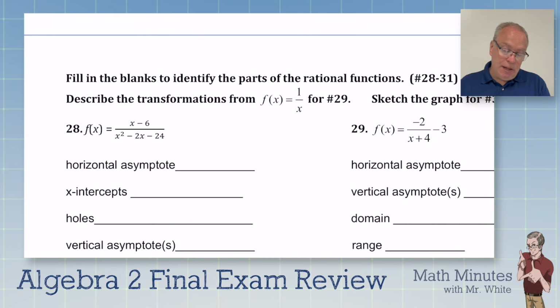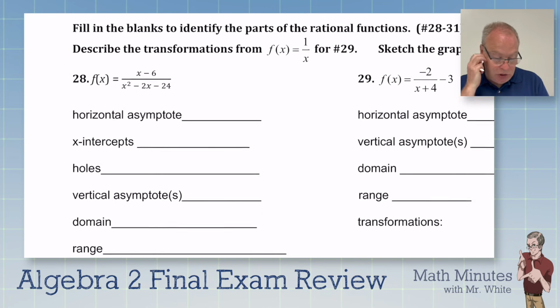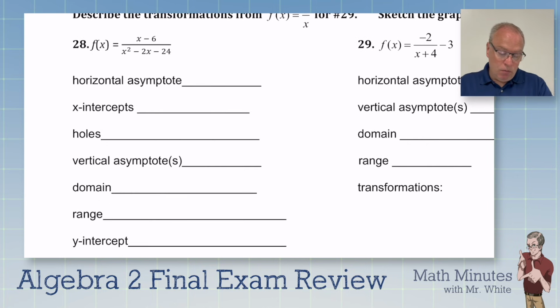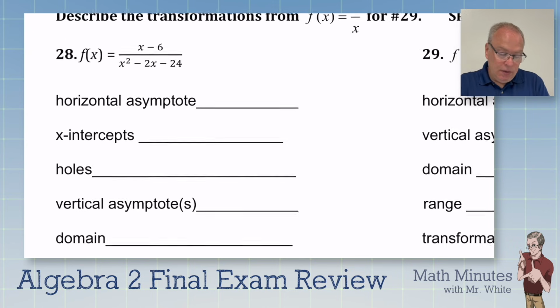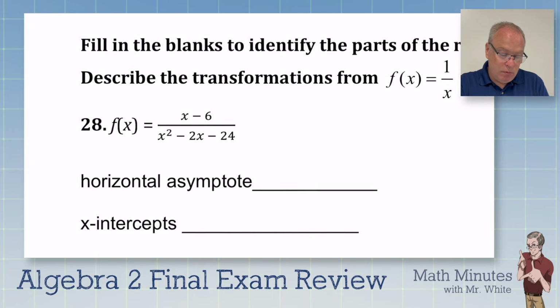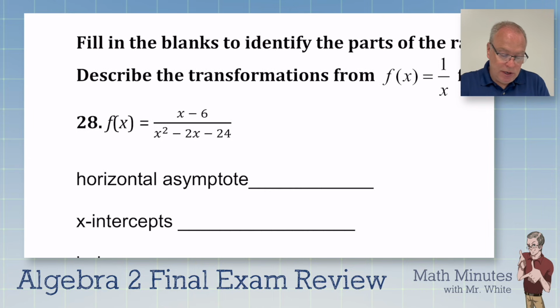All right, fill in the blanks: identify the parts of these rational functions. Lots of big words here, and each one comes from a different aspect of the function. Let's go ahead and start with horizontal asymptotes. Again, you could graph these and, I guess, quote, guess where the horizontal asymptote is.